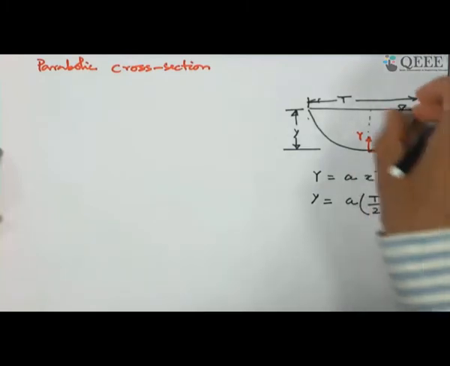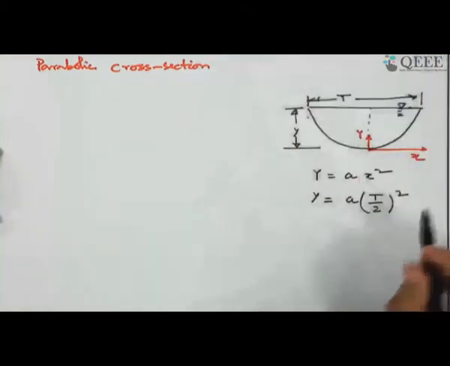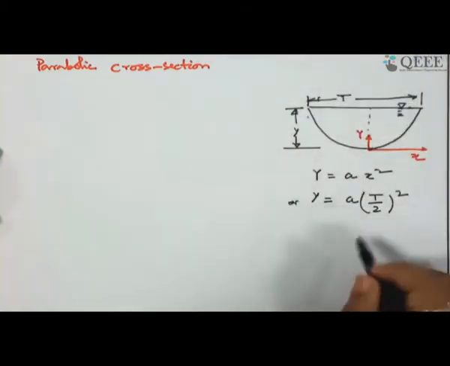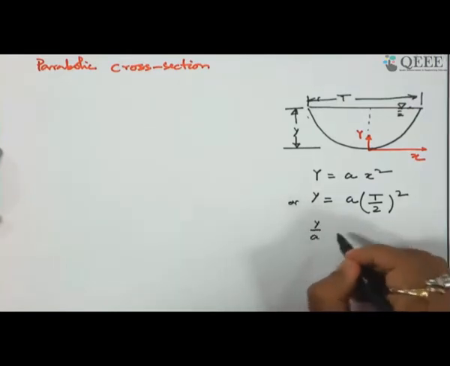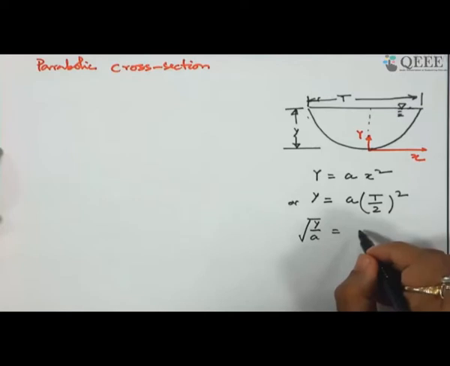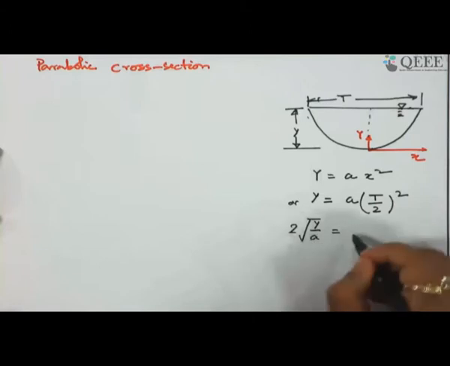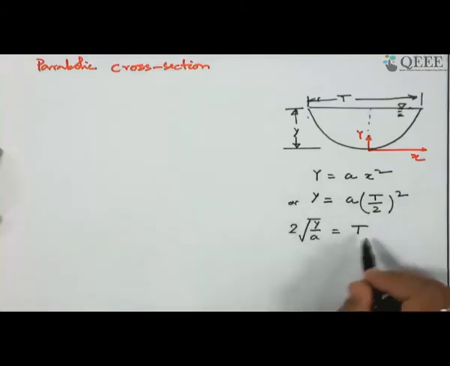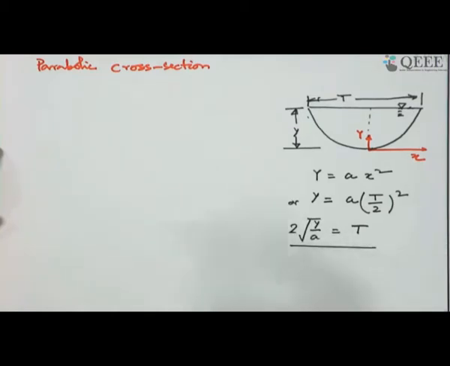So, considering half of the top width, we can write the full flow depth, and top width is 2 root over y by a. So, what is area?